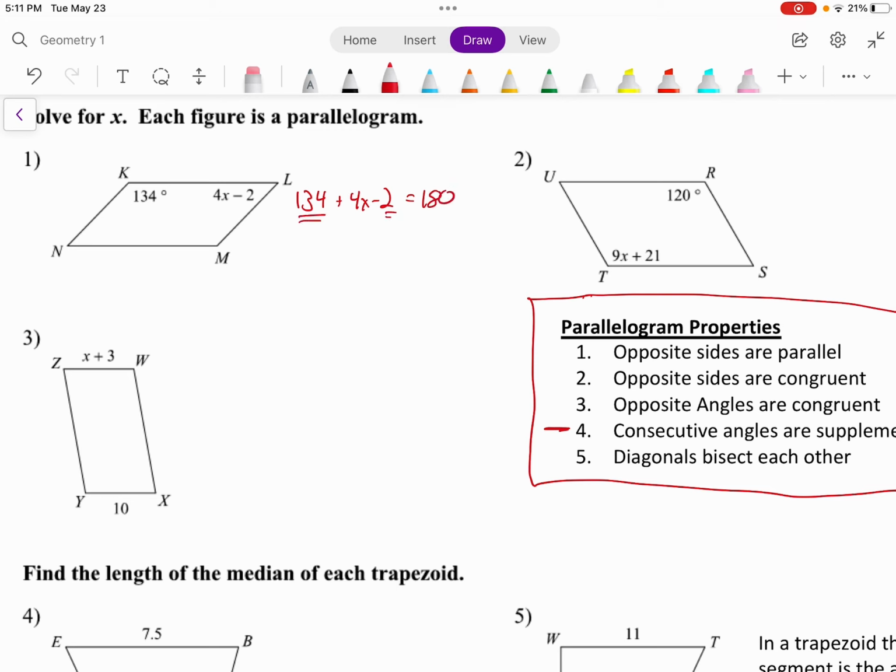So we'll combine our like terms here. So we have 4x plus 132 equals 180. We will go ahead and subtract 132 from both sides. And we get 4x equals 48. Dividing both sides by 4, we get x is equal to 12.